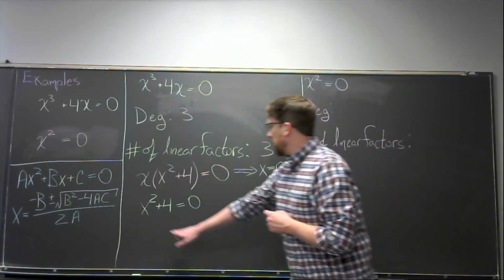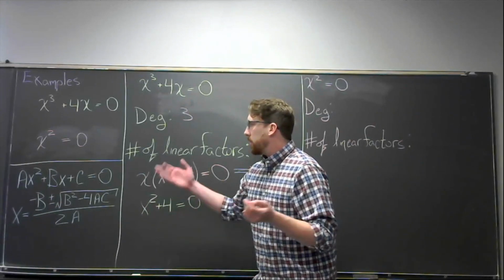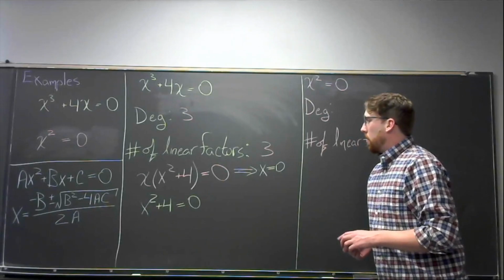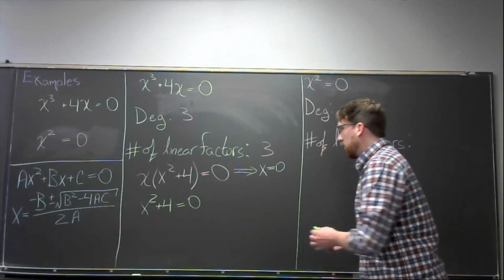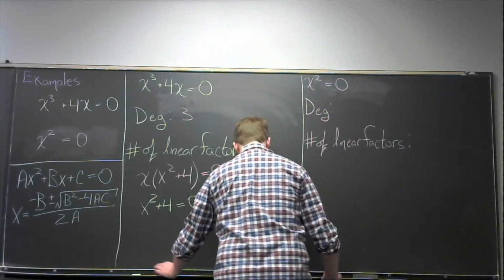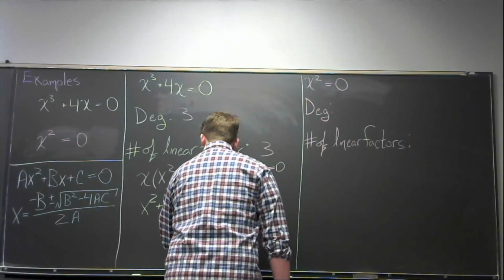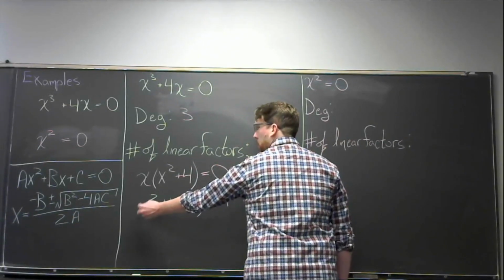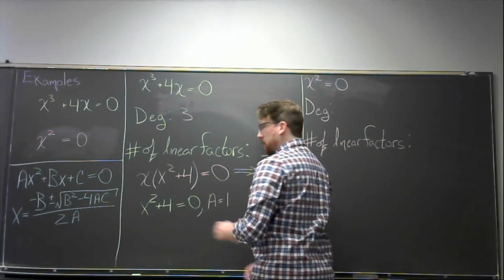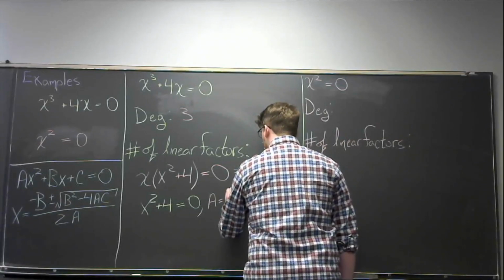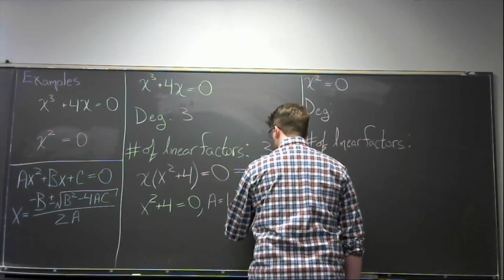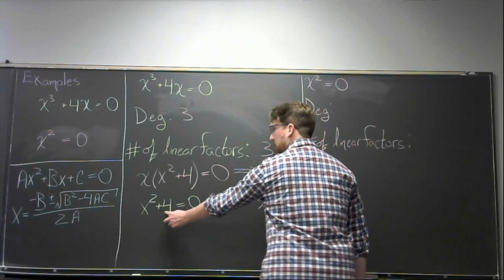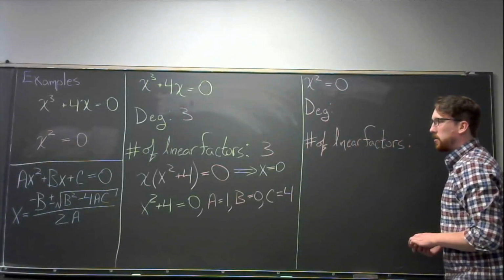Well, in our problem, we don't have a b, it's just 0, which makes this a lot easier. Since a is equal to 1, because 1 times x squared is x squared, b is equal to 0, and c is equal to 4. That's what this 4 is here.